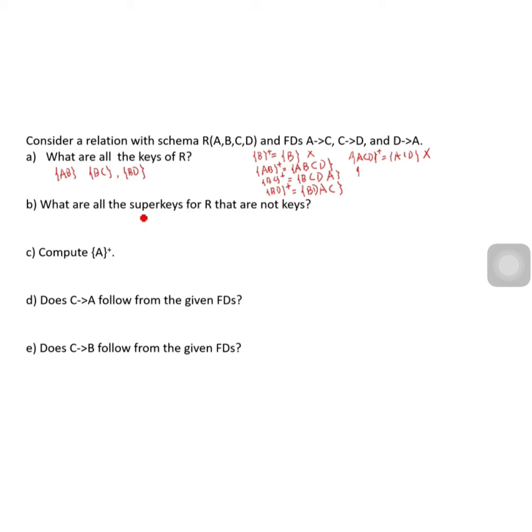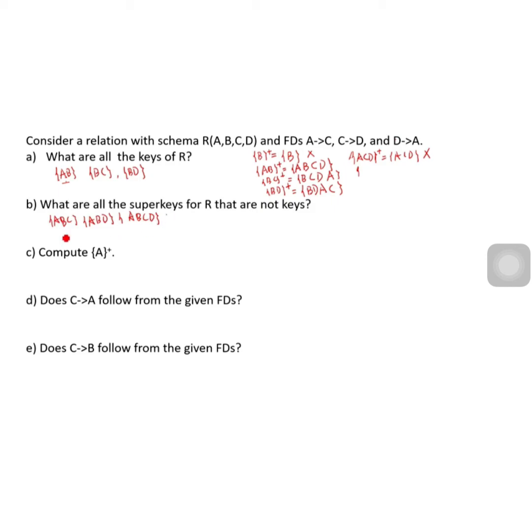Super keys are supersets of keys. Now, the supersets of AB: ABC, ABD, ABCD. Now, the supersets of BC: ABC is already here.